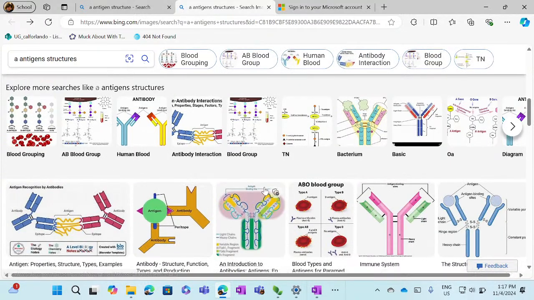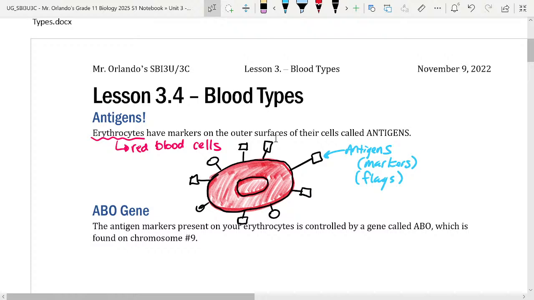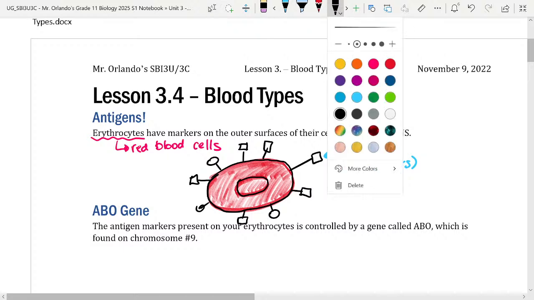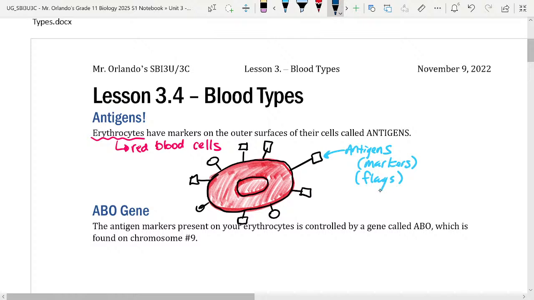But yeah, they're what we call glycolipids. So they're made from a combination of carbohydrate chains and fatty acid chains. And they serve as flags on the surface of a cell. These are binding sites. What does something mean if it's a binding site?